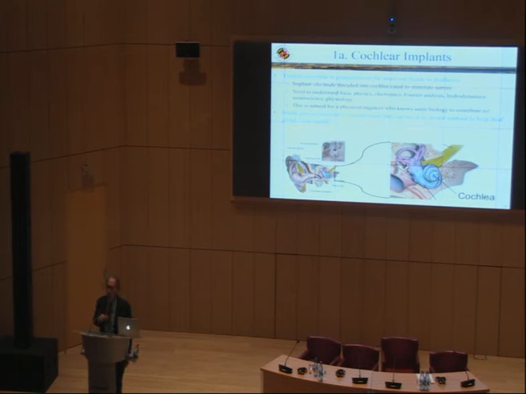So what the physicists and the engineers did was they designed an implant, a long electrode that curls up around the cochlea. This electrode is connected externally to a sound processor outside the ear, attached behind the ear.